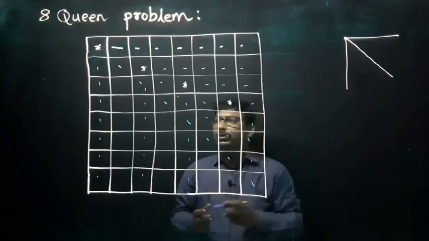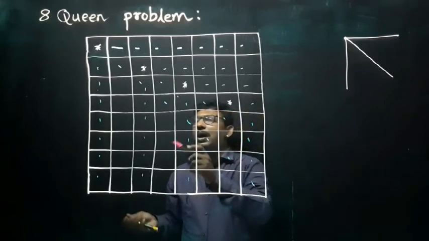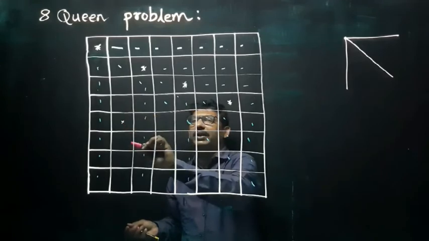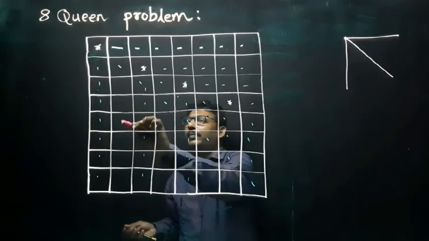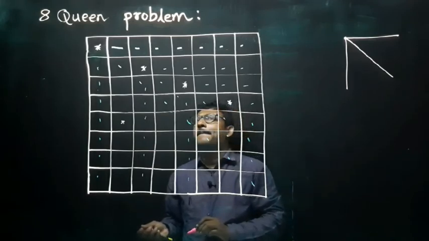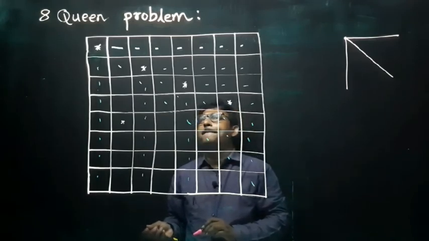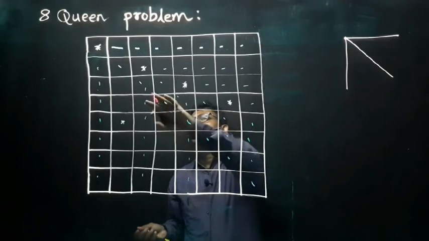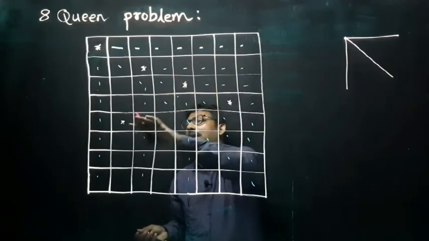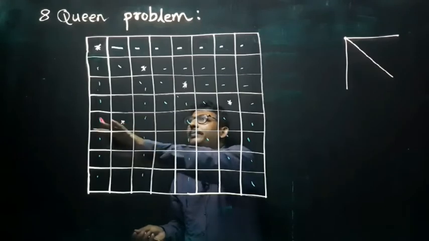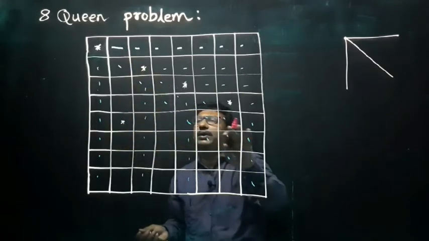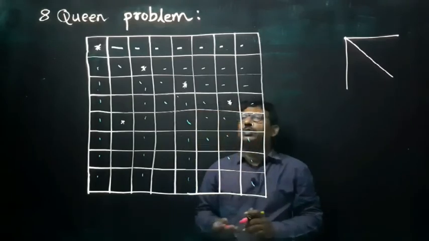So again I use this particular queen here, which means there is no problem diagonally, and there is no problem horizontally and vertically.